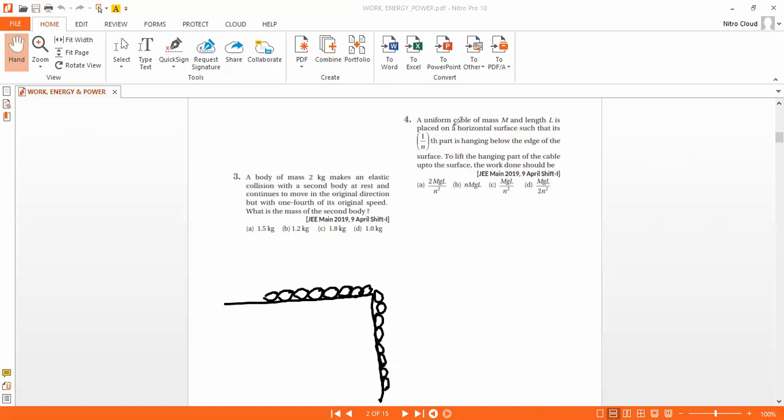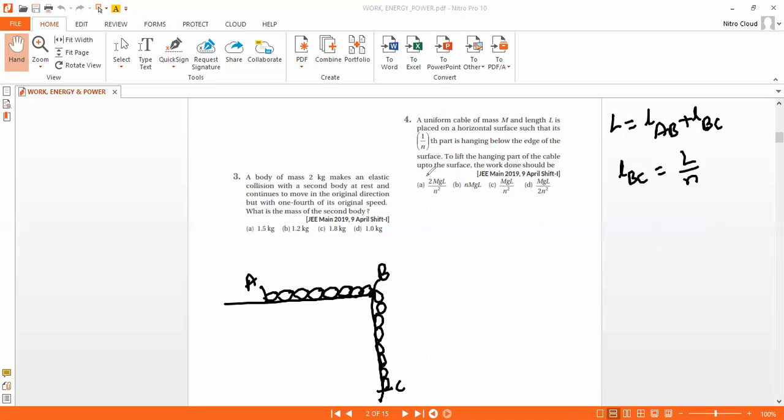Let us consider this is A, this is B, and here it is C. The total length is the length of AB and length of BC, and it is having a mass M, such that 1 by nth part is hanging below the edge of the surface. That is, length of BC is equal to L by N.